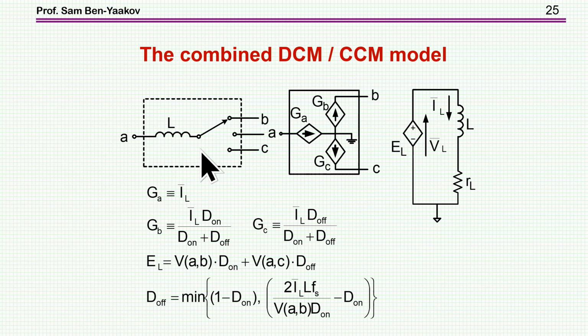So now we're ready for the combined DCM and CCM model. Basically, the configuration is the same. There's nothing different. We have an average voltage on the inductor, we have current sources, but the definitions of these are different. This is the definition for the current sources.